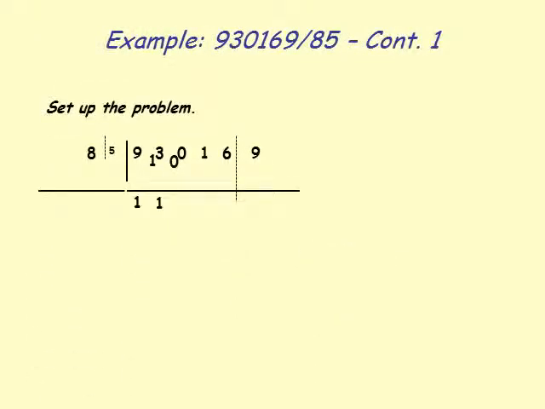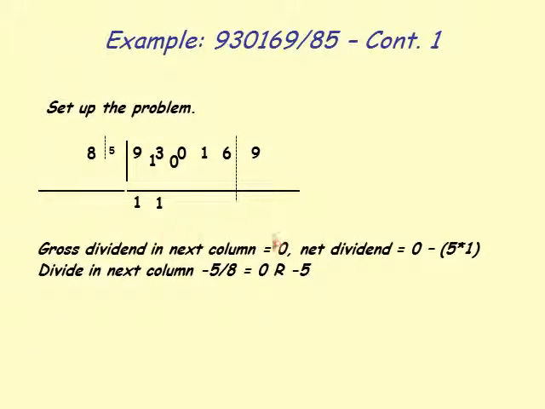In this column we have a 0, and the net dividend is 0 minus this quotient digit times 5. So minus 5 divided by 8 is 0, remainder minus 5. In this column it is 0, and remainder minus 5 goes to the next column. This is how we show 0 and negative 5.